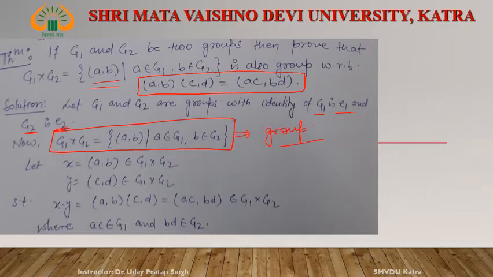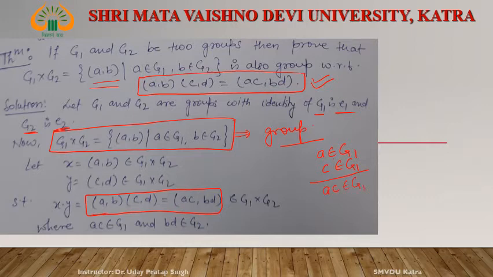For this, we have to show the closure law. Let us assume any two elements of G1 cross G2, right? Let X be (A, B) and Y be (C, D). Then X into Y, that is (A, B) into (C, D), is defined in this way. Since this operation is already defined, it is (AC, BD). A belongs to G1, C belongs to G1, and G1 is a group.